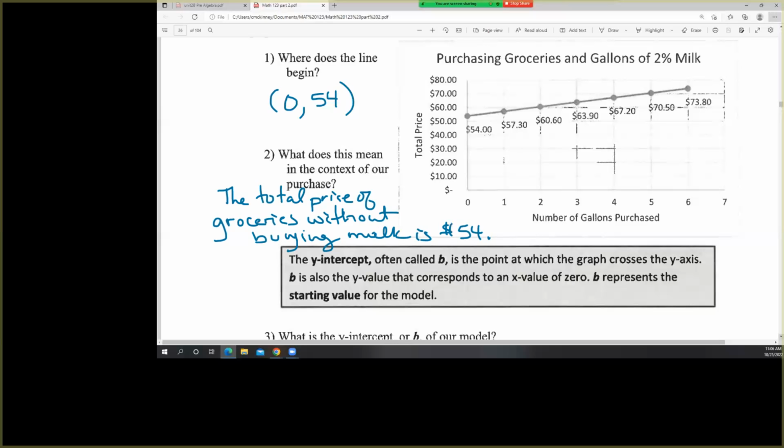Now, if I wanted to know how much a gallon of milk was, it would no longer make sense for me to just take that 60 and divide it by 2, right? That doesn't work anymore because of all those groceries. That would way overestimate. So in this case, the y-intercept is really what we just said, the $54.